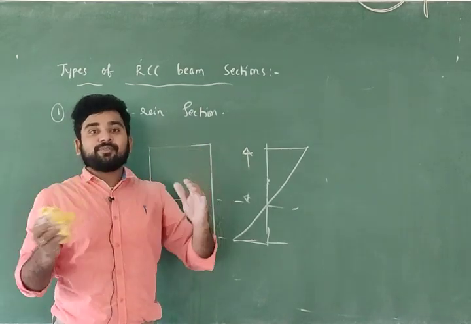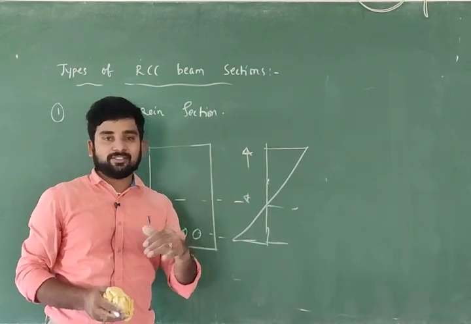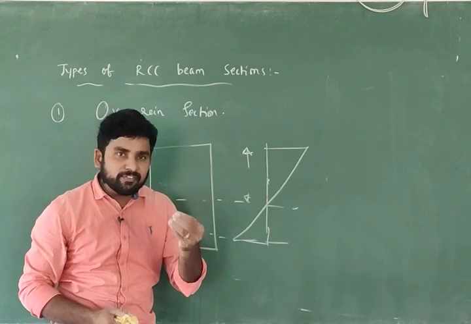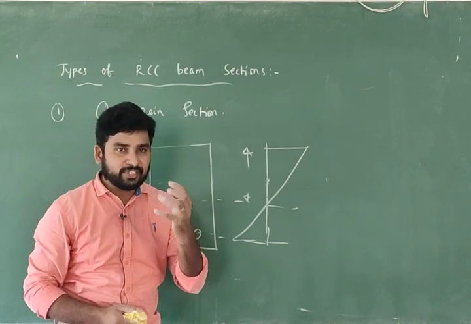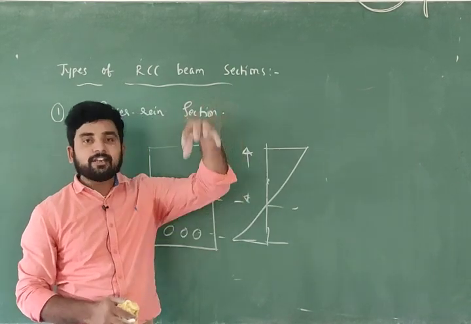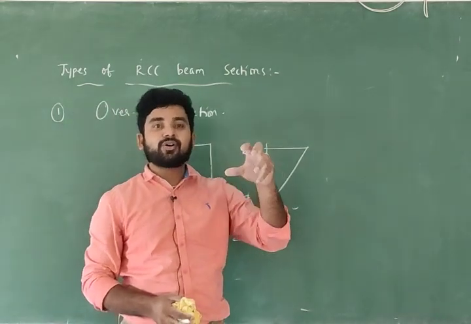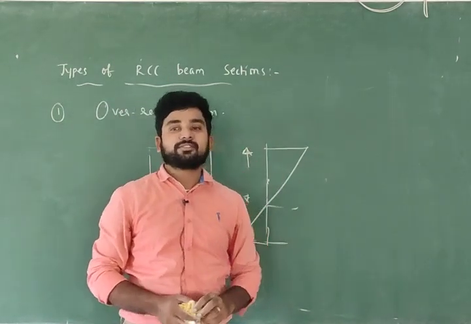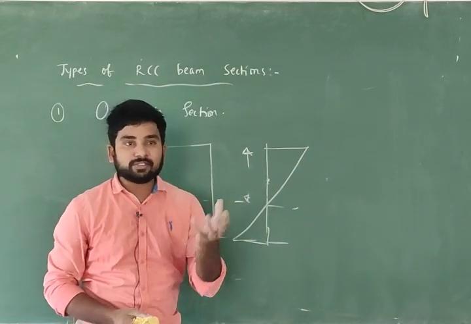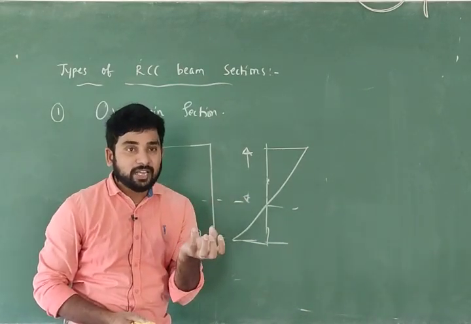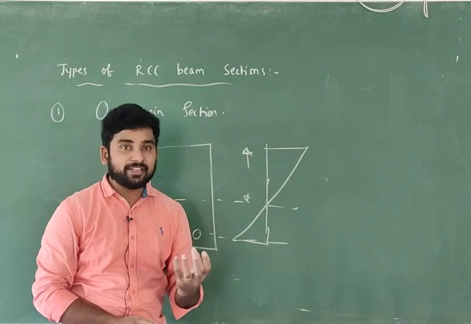Steel is more, so obviously concrete will be less. If the concrete is less, then that is the weakest point. When the external loads are acting, will the stresses develop first in steel or concrete? Concrete will develop stresses first. Because the concrete takes the stress, and concrete is a brittle material.